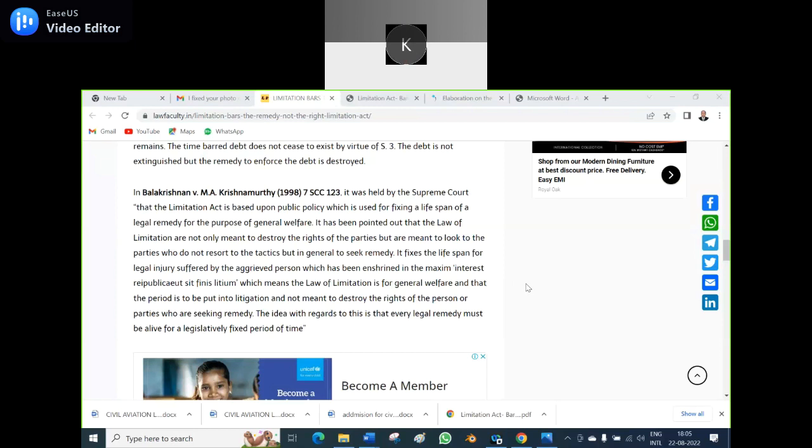The idea is that every legal remedy must be alive for a legislatively fixed period of time. In the sense, sometimes the court will condone the delay.